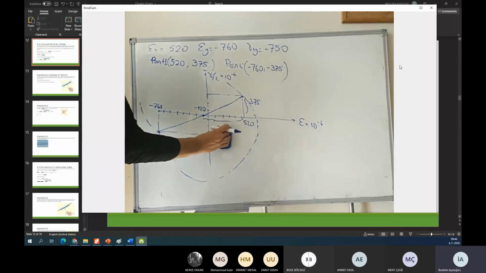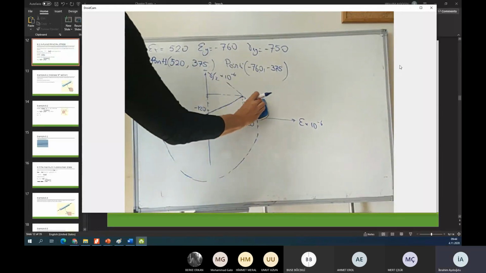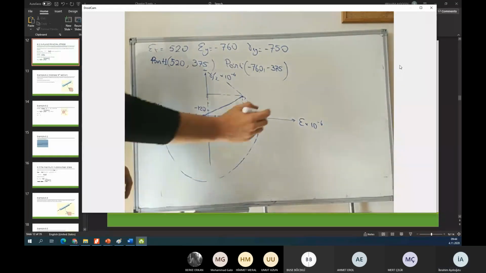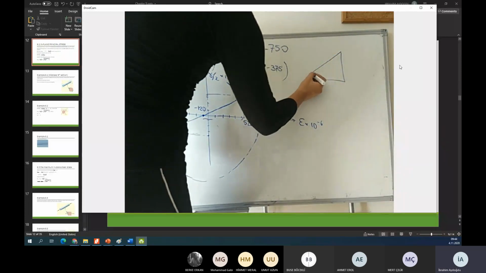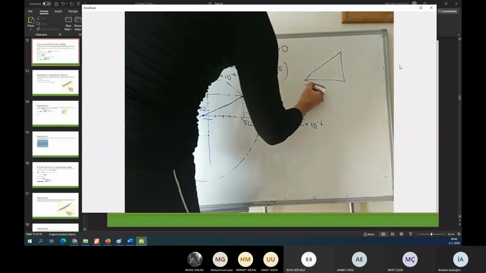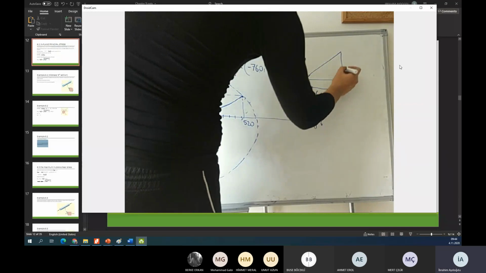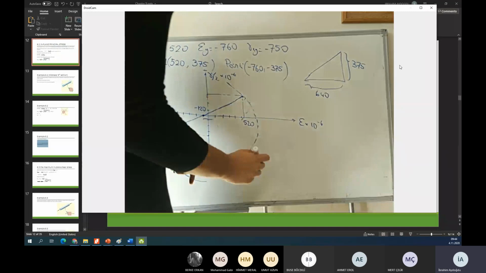I don't have enough space for calculating the Pythagoras diagonal length, so I want to use a different space. Okay, this is my triangle. This is 640 and this is 375.